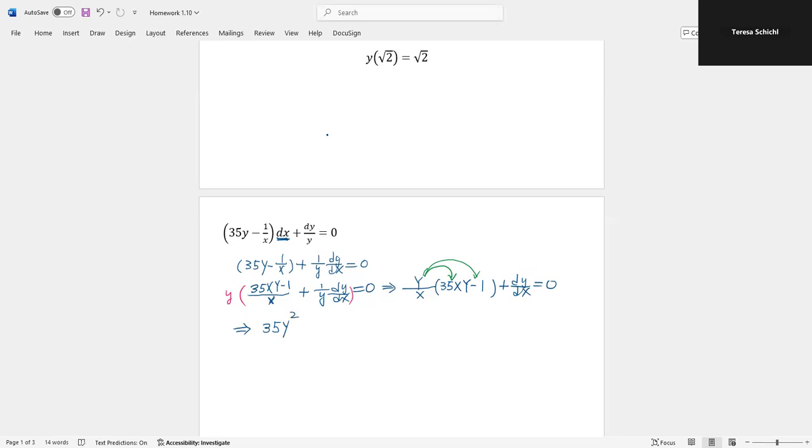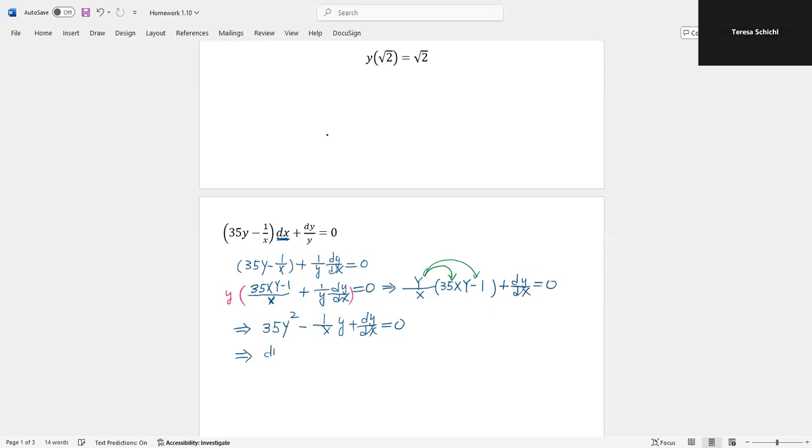Then the next term will be minus 1 over x times y, plus dy dx. Well, my eyes just widened. Why? Because this is a perfect match for the Bernoulli equation. So let me rewrite this and then you will see.